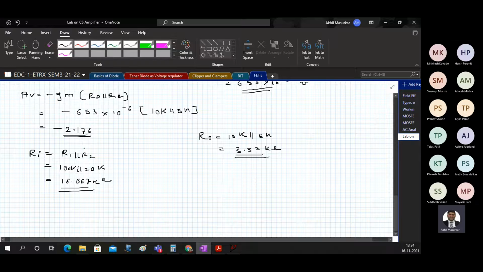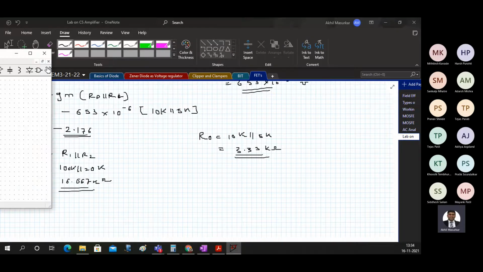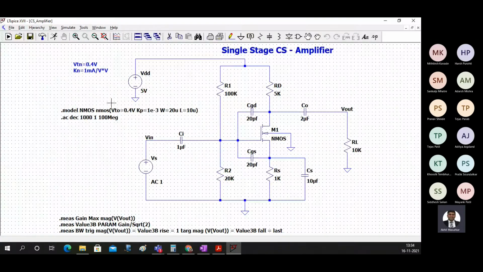So now let us simulate this and check whether we are getting the same thing or not. So this is the circuit that you have to build. Come on, build it.